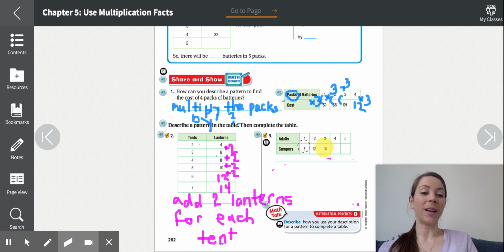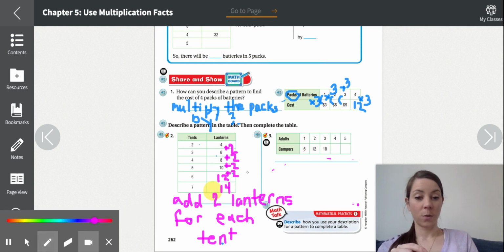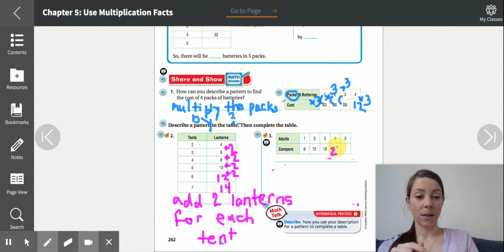I'm multiplying it by 6. 1 times 6 is 6. 2 times 6 is 12. 3 times 6 is 18. So 4 times 6, 24. 5 times 6, 30. So your pattern was multiply, and you have to tell me what to multiply. Multiply the adults by 6.